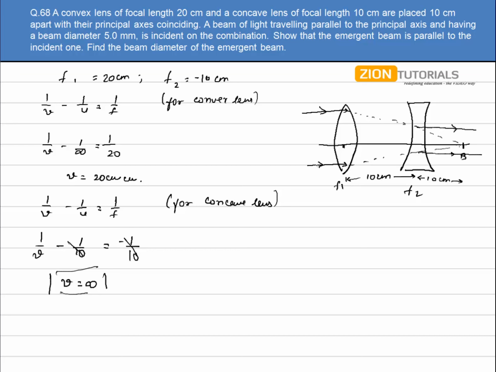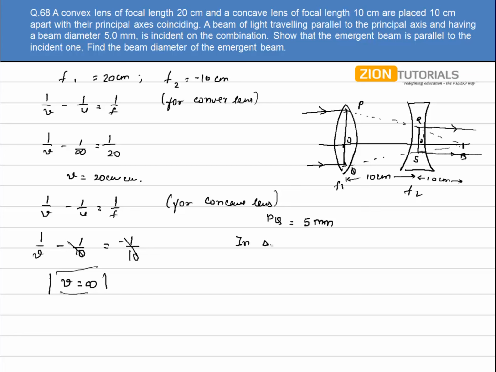In the second part, I have to calculate the beam diameter of the emergent beam. Alright, now first thing is that the beam diameter of the incident ray, that is this complete part, let it be PQ. So the length of PQ is given to me as 5 mm. Alright, and I have to calculate this, let it be R and S. Let this point be O, let this be O dash.